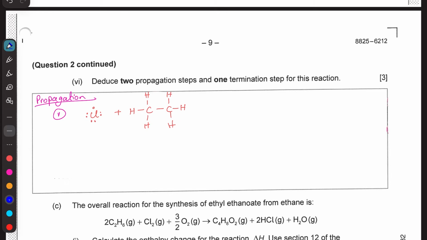What happens here is essentially this chlorine free radical attacks this hydrogen and the carbon hydrogen bond breaks in a homolytic fission. As a result, one of the byproducts would be HCl and the other one will be this ethyl free radical.